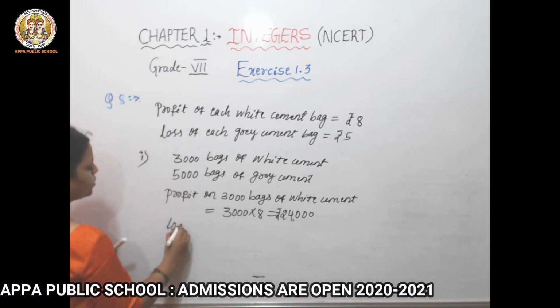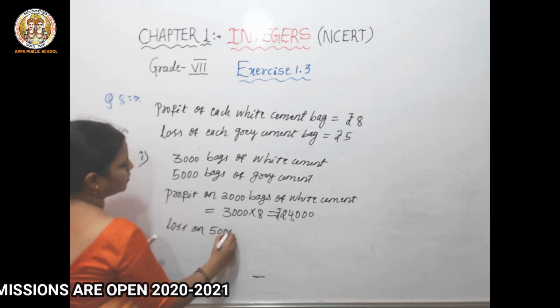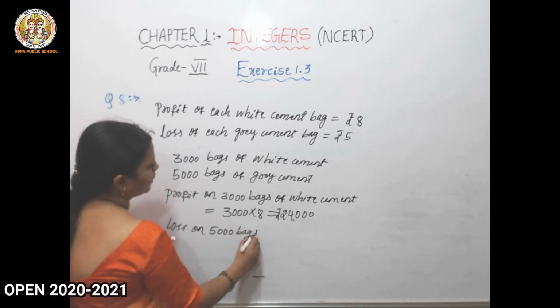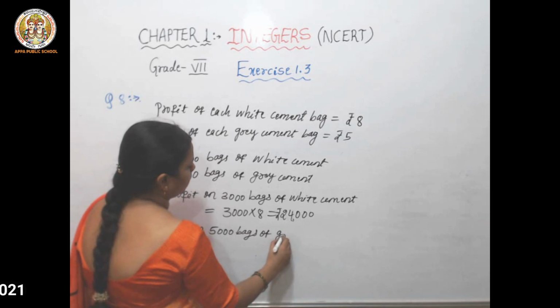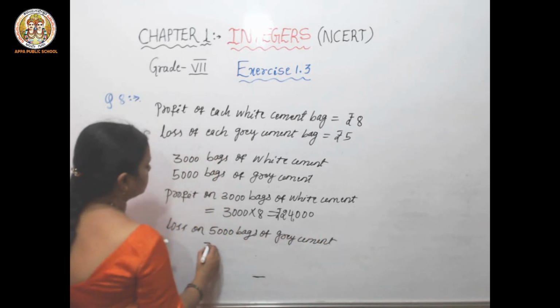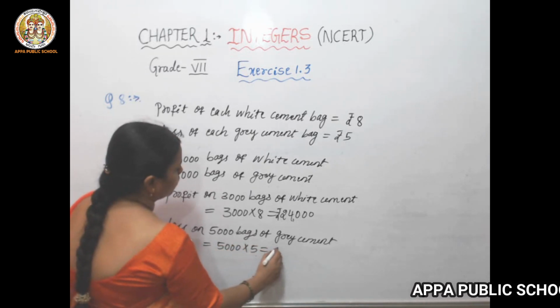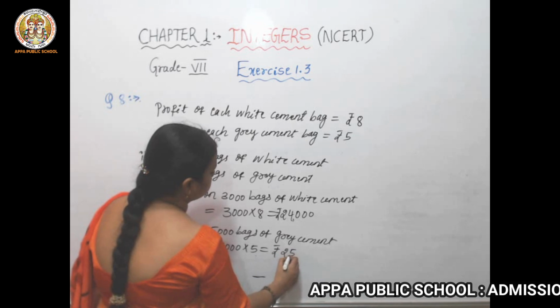Then the loss on 5000 bags of grey cement is 5000 into 5 rupees, which is 25,000.